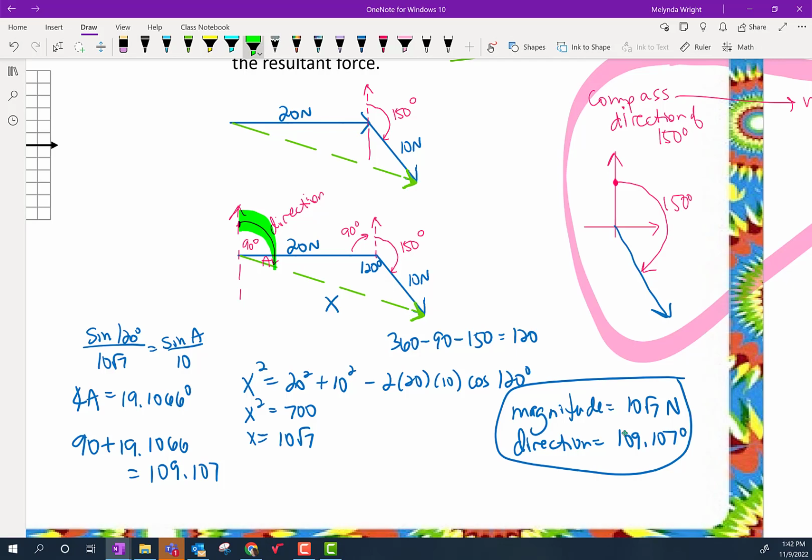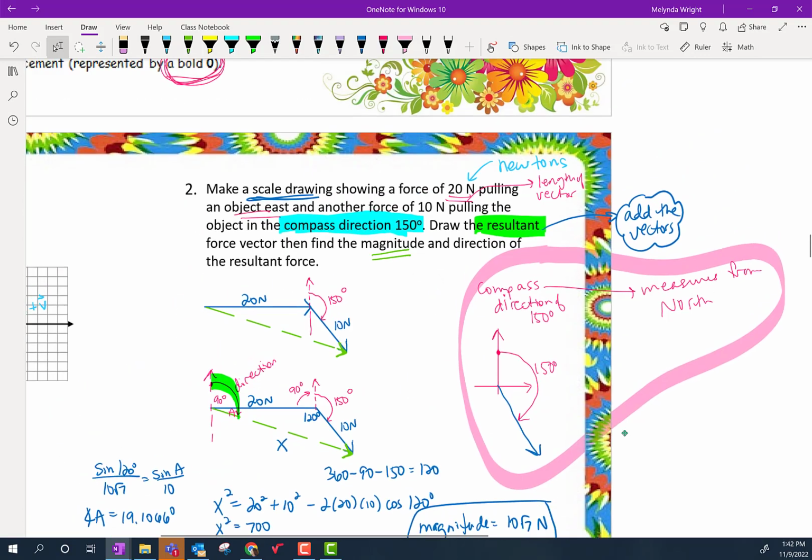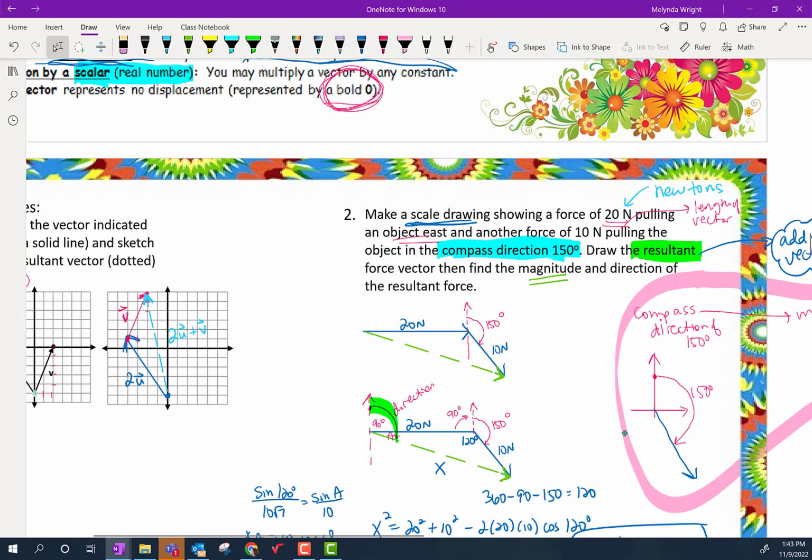Before we stop, I need to talk to you about one other thing about direction. There are some problems in your homework that use a little bit different notation that we will get to when we work on the algebraic mode.